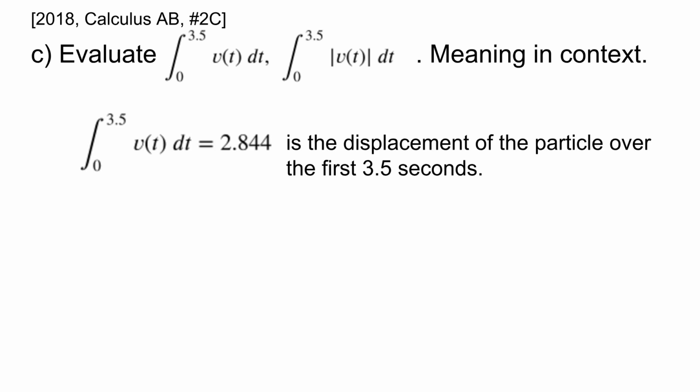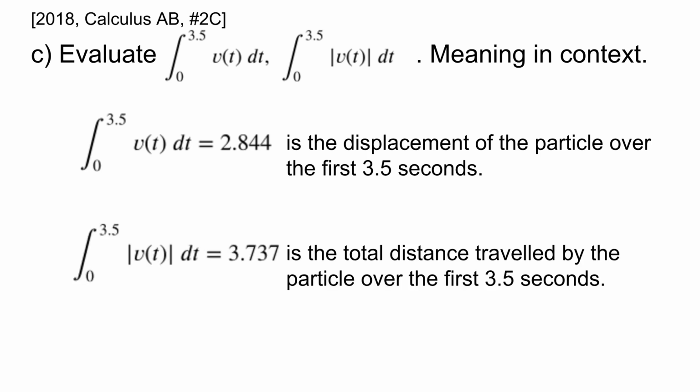The integral from 0 to 3.5 of v of t dt is 2.844, and this represents the displacement of the particle over the first 3.5 seconds. The integral from 0 to 3.5 of the absolute value of v of t dt is 3.737, and this represents the total distance traveled by the particle over the first 3.5 seconds.